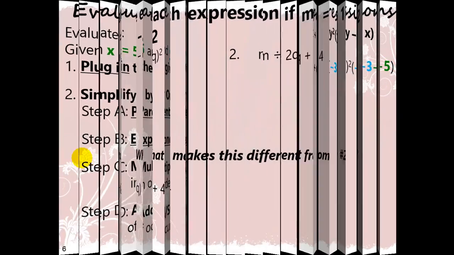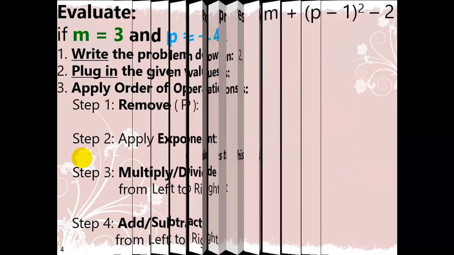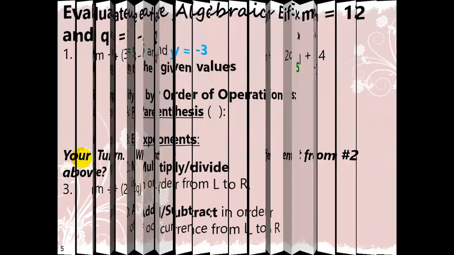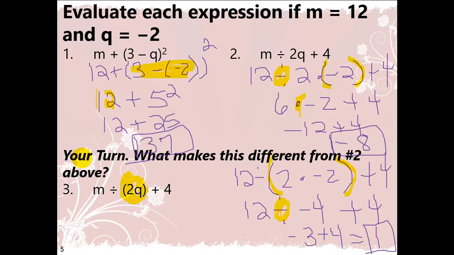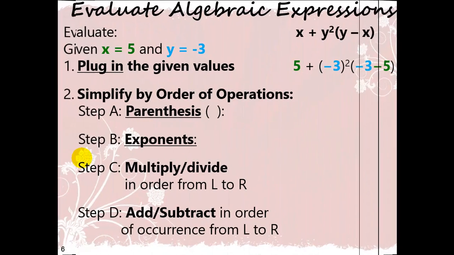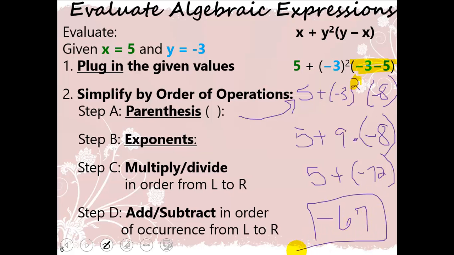Now I do a 5 plus negative 72, and now I add, which gives me negative 67. There's my final answer.